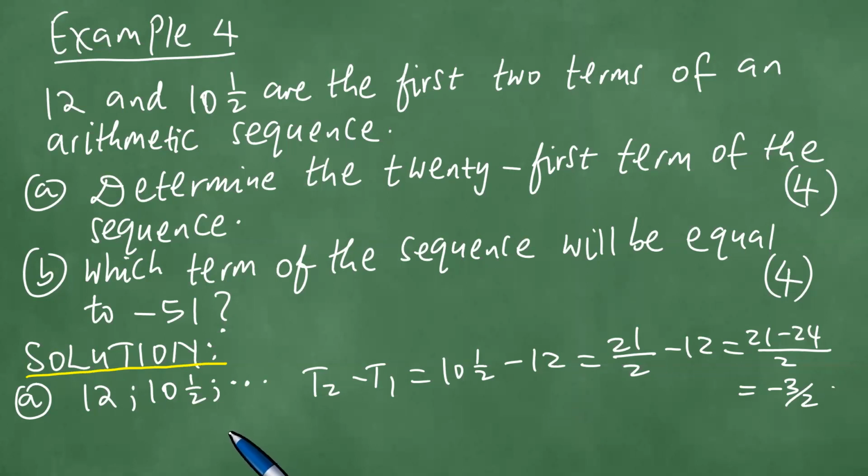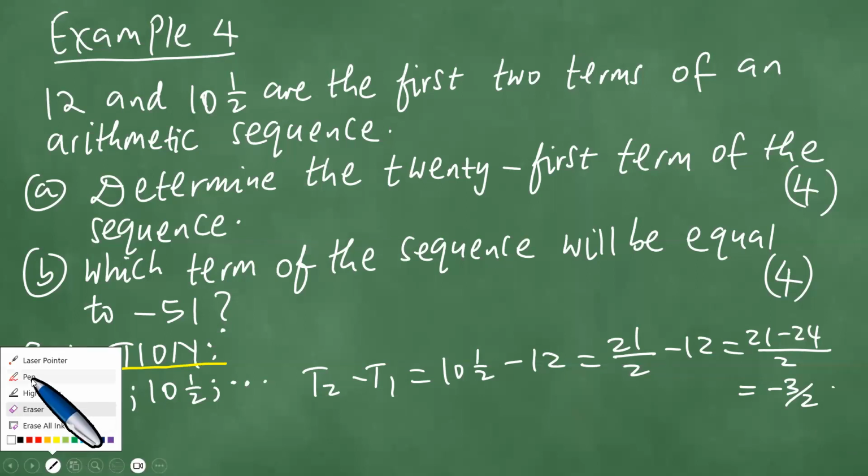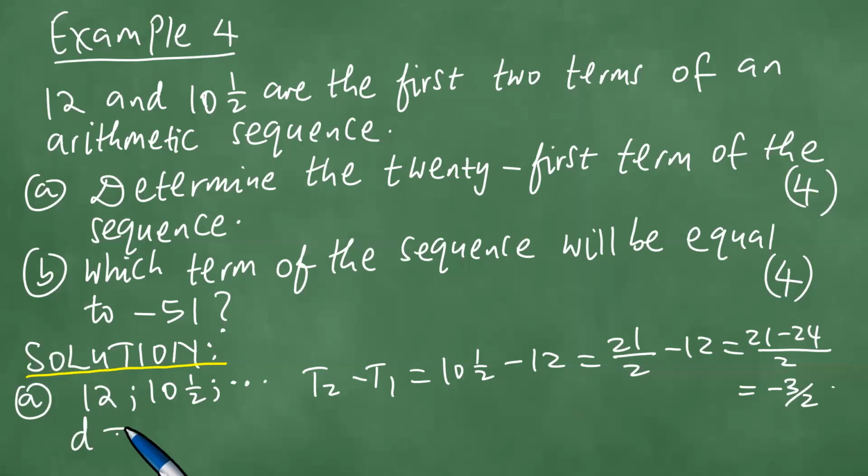Okay, this is what we get. -3. Yes. So what it means is that the common difference we got here is actually -3 over 2.